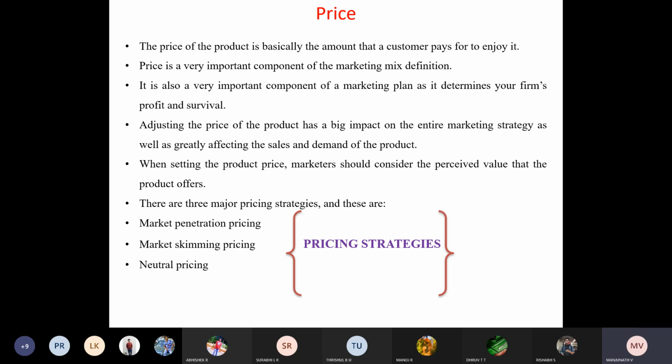You need to have your own pricing plan. Let us not use the word strategy in the beginning itself while understanding price. We can call it a pricing plan. We need to have a plan to fix the price of your product in the beginning.